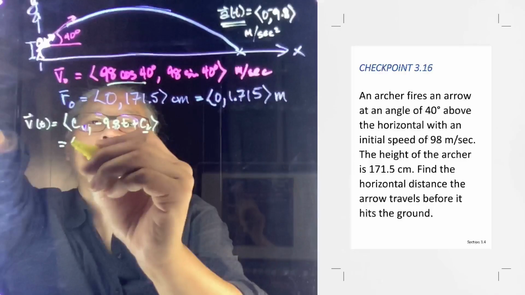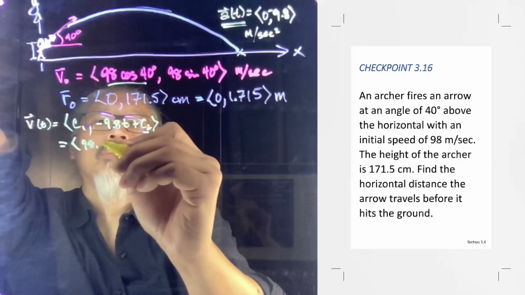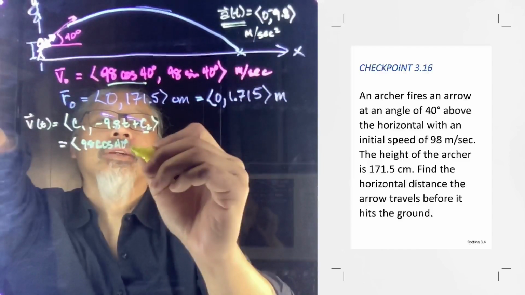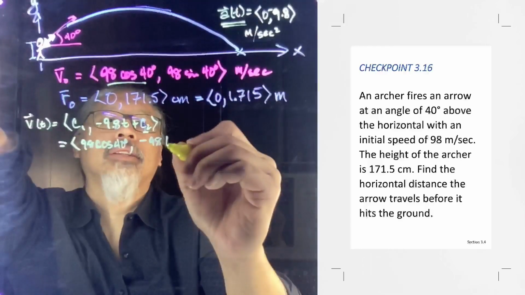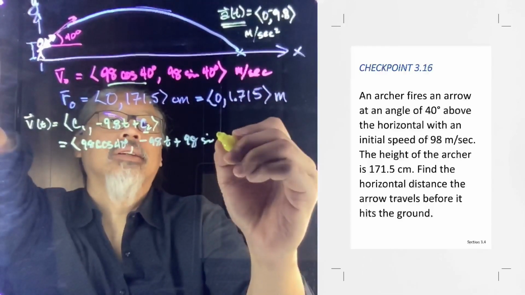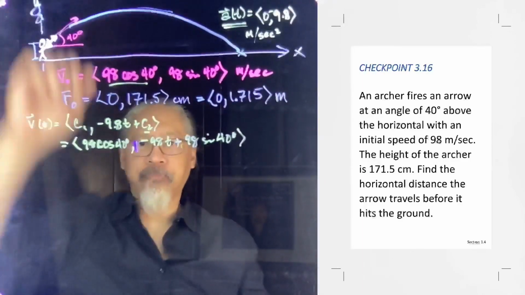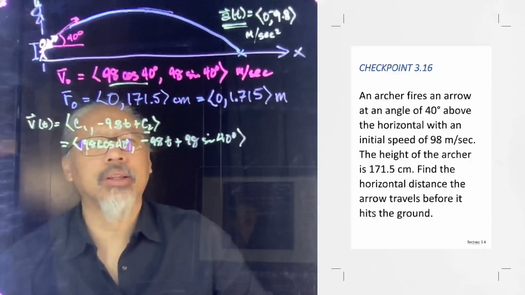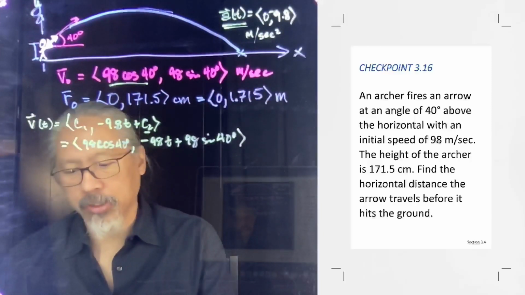So the velocity is 98 times cosine of 40 degrees, comma, negative 9.8t plus 98 sine of 40 degrees. We can find decimals later and work with what we have for now.